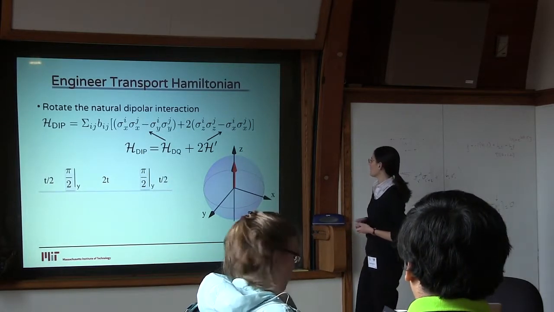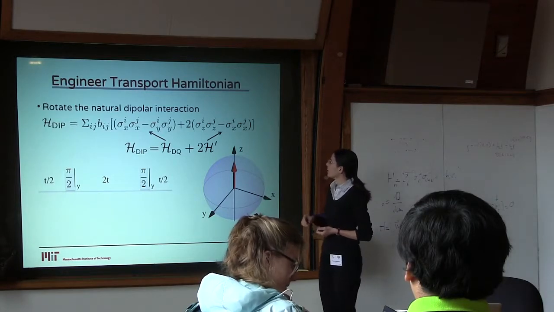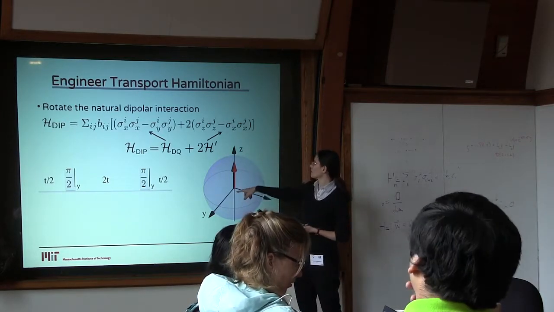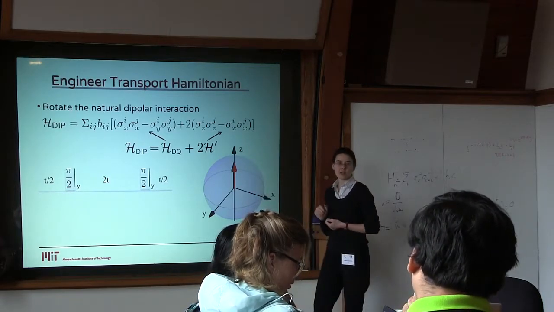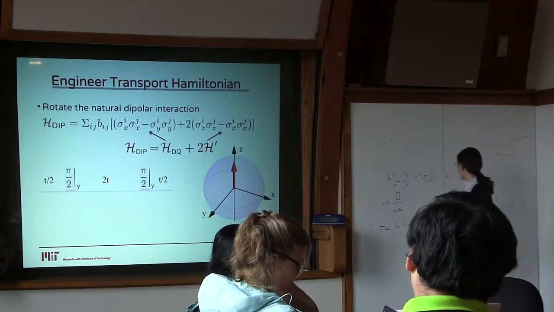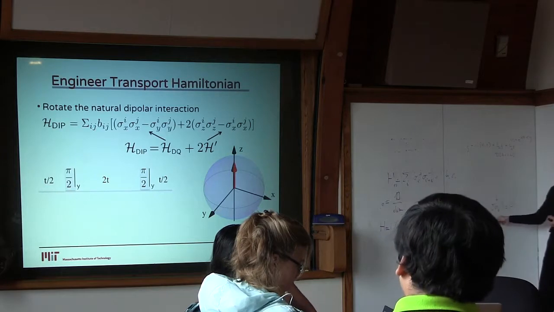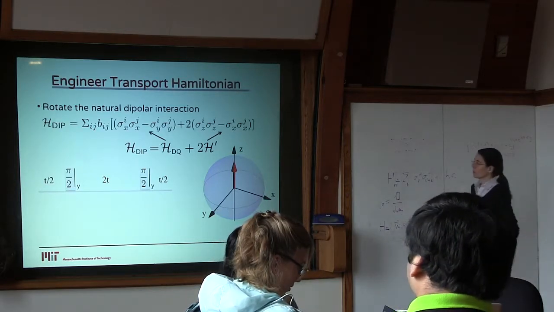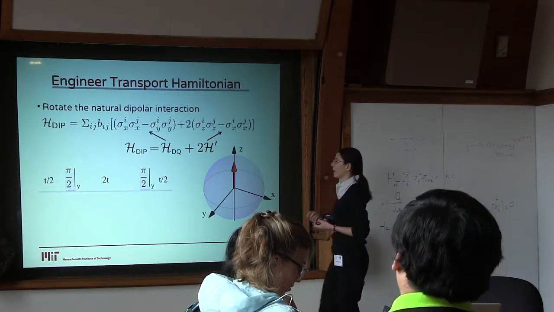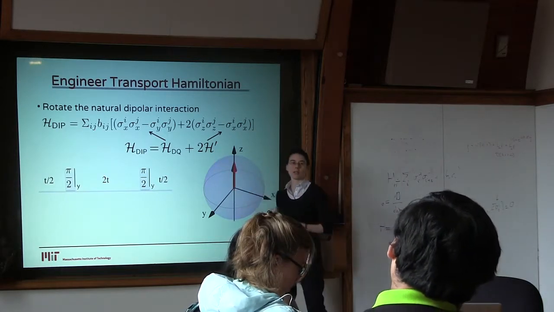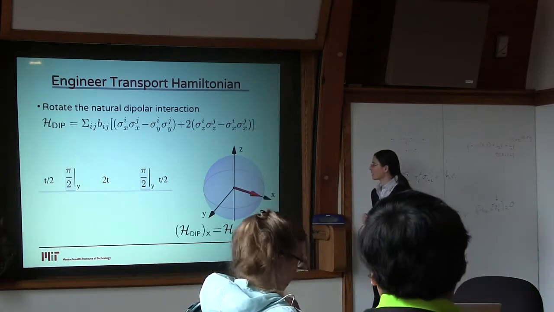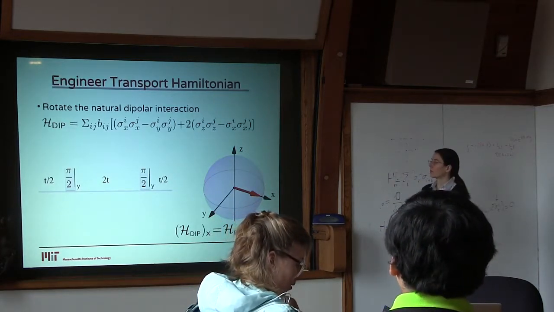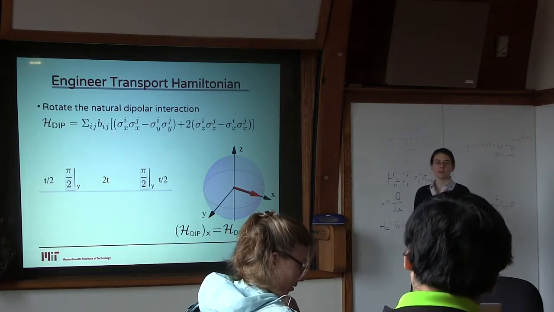The idea is that I can represent my typical dipolar Hamiltonian as this vector along the z direction, because, as I said, this is the Hamiltonian which really commutes with your magnetization in the z direction. What I can then do is just rotate my system, and so rotate also the Hamiltonian, along the x direction, by just applying some pi pulses along the y direction.